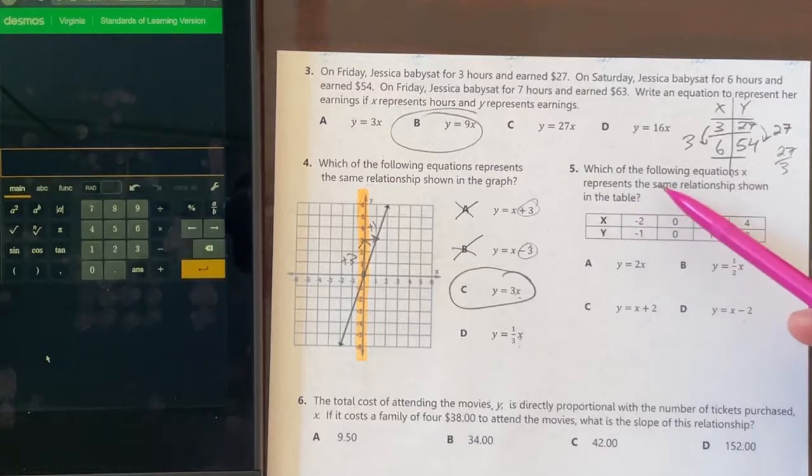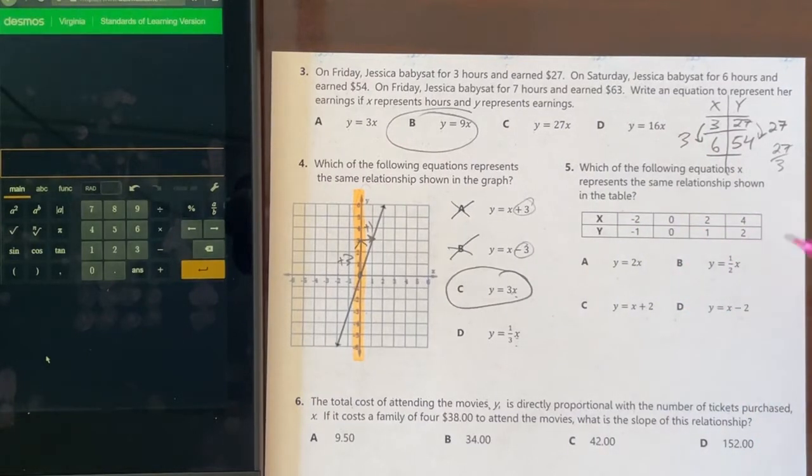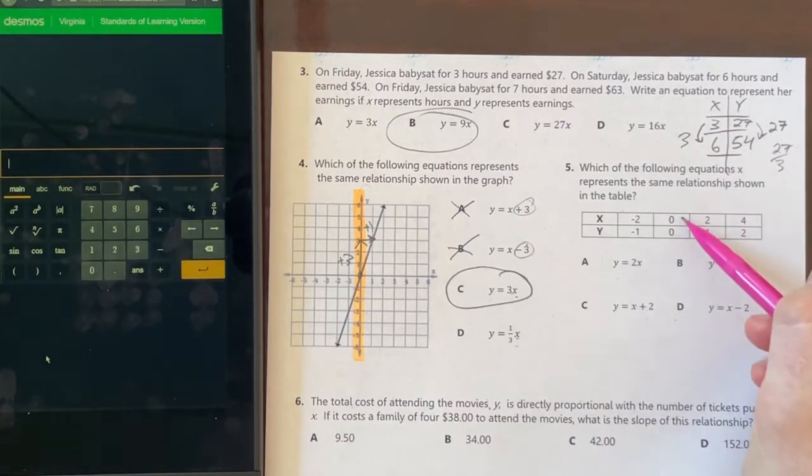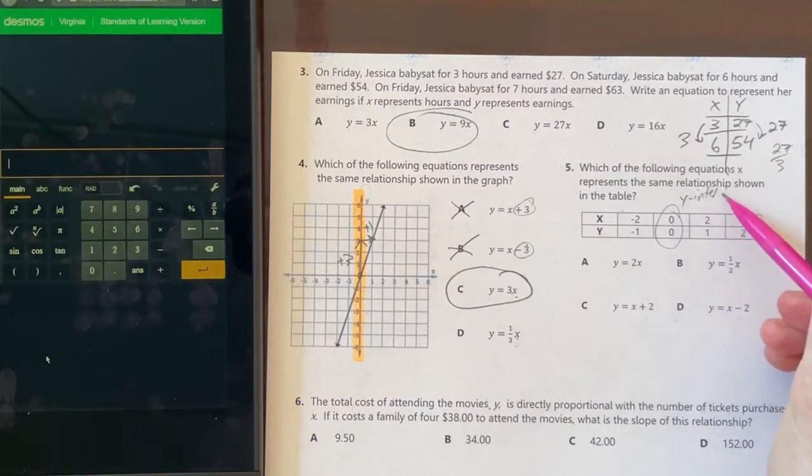For number 5, it says, which of the following equations represents the same relationship shown in the table? So we're going from the table to the equation. Let's see. Well, right away, I have my y-intercept.